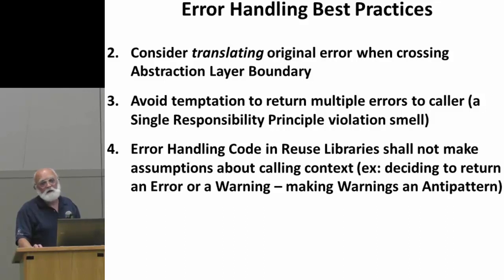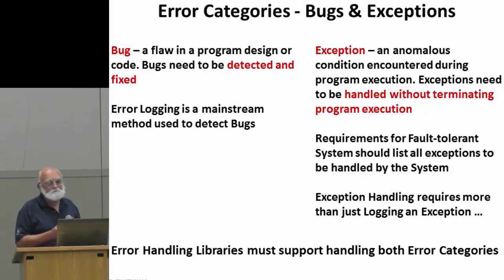This is why, for example, I consider returning warnings an anti-pattern, because the VI that triggers a warning makes an assumption about the calling context. So those are the 4 practices I usually follow. There are more, and there is a reference down in the presentation where you can look for more.